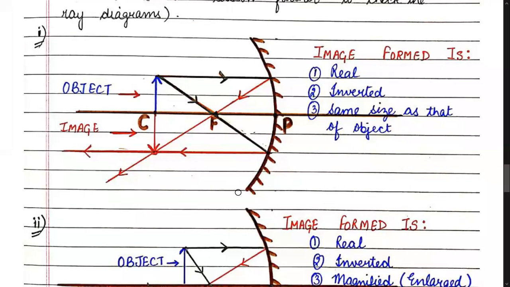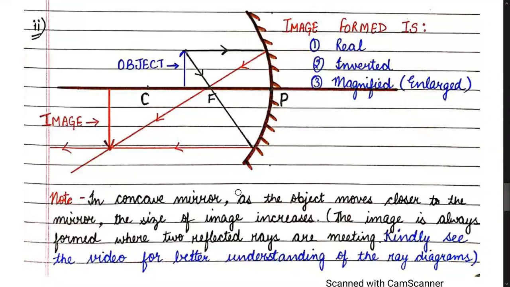The object is placed between focus and center of curvature. So students, the object is lying between center of curvature and focus. Now the first ray is again the same, parallel to principal axis.